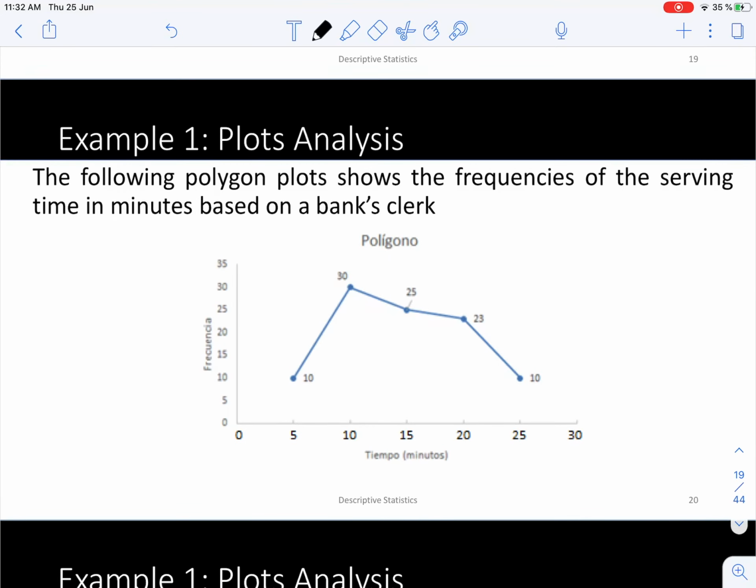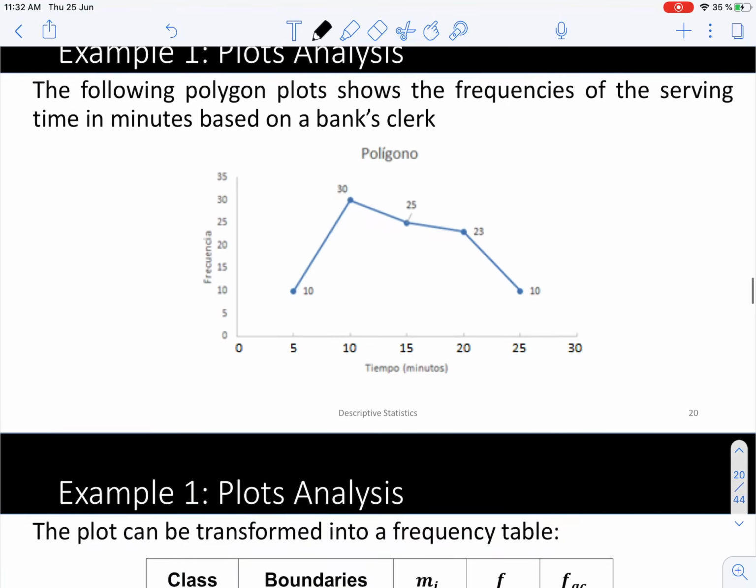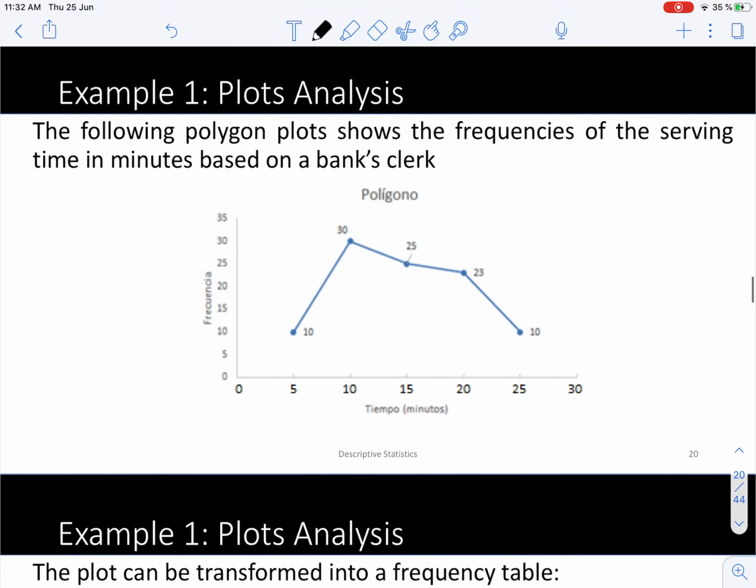In the first one, we're given a polygon plot that shows the frequencies of the serving time in minutes based on a bank clerk. All right, so we're given the plot, and with the plot we will be able to find the table. How?